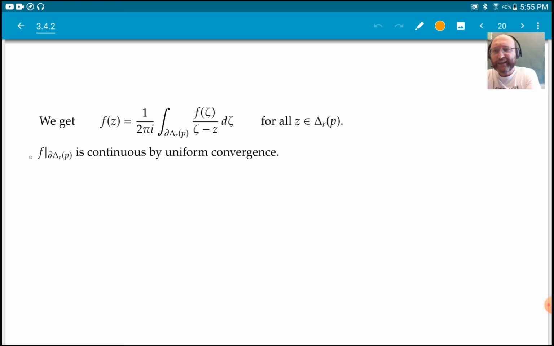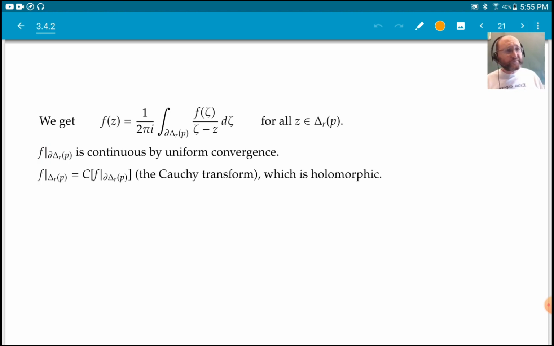Now, a little bit of technicality. f itself is a continuous function. It converges uniformly on compact subsets, continuous, right? But namely here, what would be important is that f restricted to the boundary, to the circle, is continuous, again by uniform convergence.